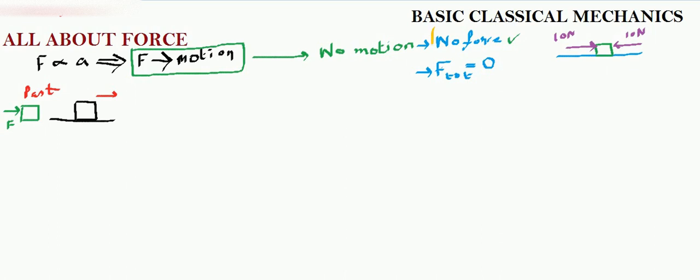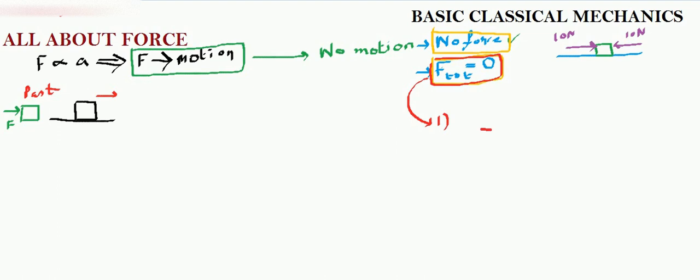First, if there is no force, there won't be any motion. Second, if the total force is zero, then there is no motion. Agreed? Now we will emphasize this second part. The second part will tell us a lot of things. So consider example number 1 where we'll use this second part.